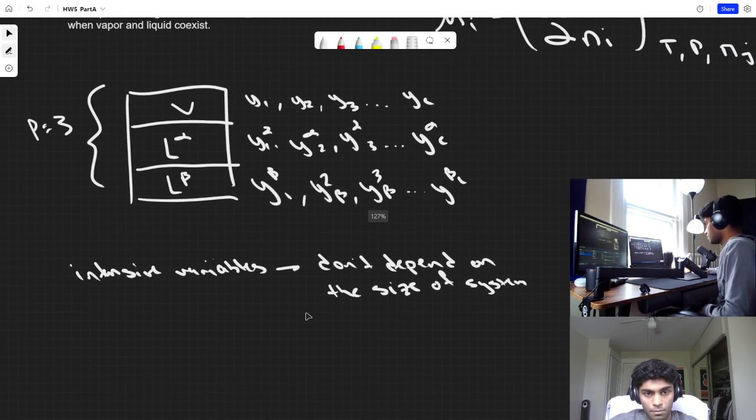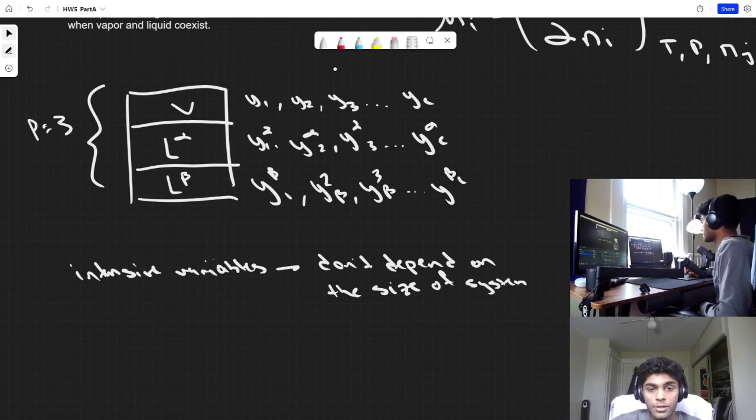So now we talk about what intensive variables do we have? Well, for one, we have the mole fractions, and the mole fractions don't depend on the number of phases there are, right? So we could start off by just labeling our P, our number of phases, and then we look at the number of components. So label that as just C, the C amount of components.